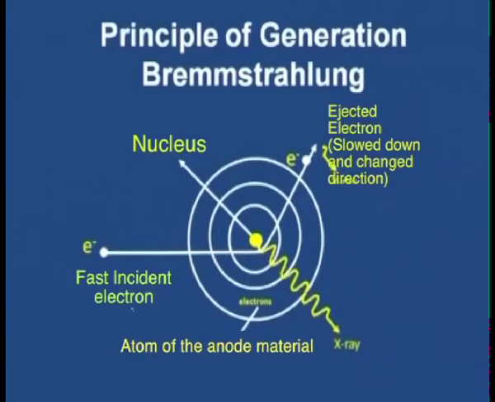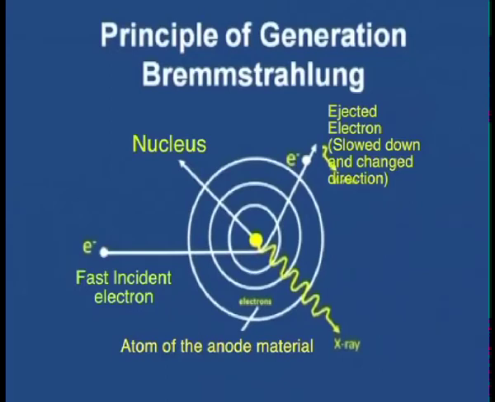The fast moving electron interacts with the atom. I will go into the details later, but in that process the electron takes a different direction, and you have the X-rays coming in this direction.